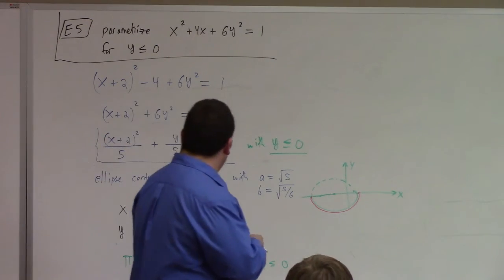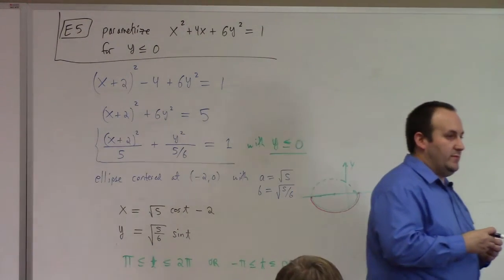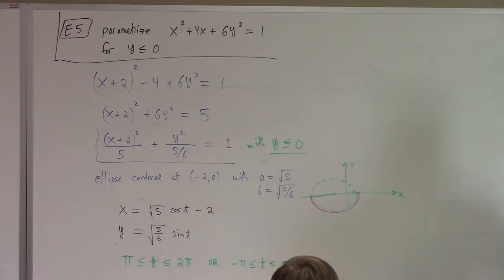And if this problem was worth 10 points, that'd probably be about how many points I lost on that. Everything else being the same. I mean, there's a lot of moving parts here, right? Like a student's got the right multiplier in front of cosine, they got the right multiplier in front of the sine. They've put the parameter range appropriate to the problem, and they just forgot to subtract the 2.